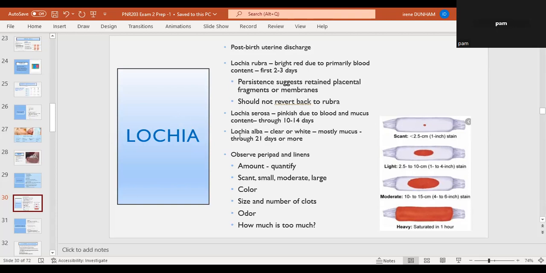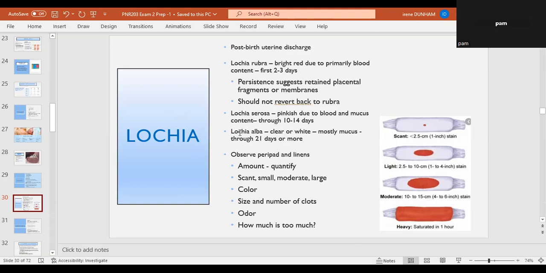And then you have lochia alba, which is clear white. So that's mostly mucus, and that's like through the next 7 days. If it's day 14, then you finish the serosa. Now it went to day 15. You got alba, and it can maybe go to day 21 or even more. Don't forget, the postpartum period is 6 weeks.